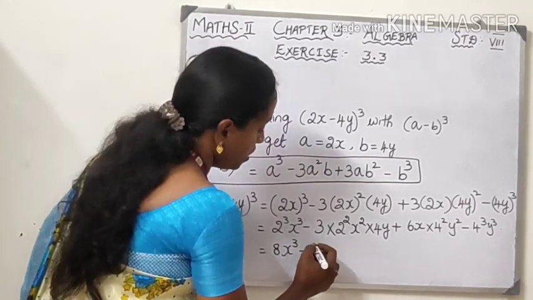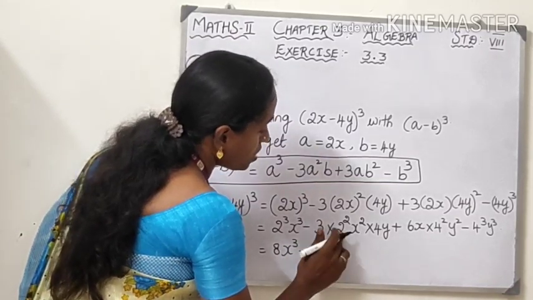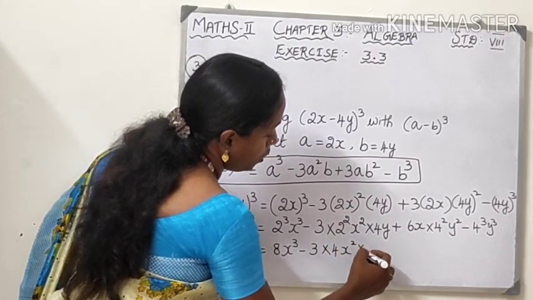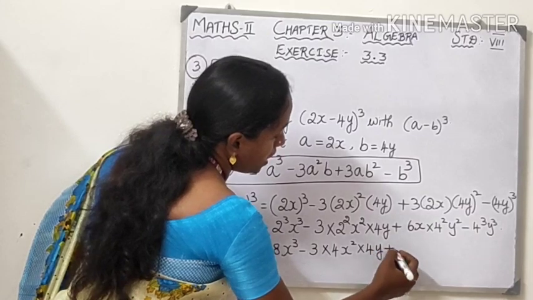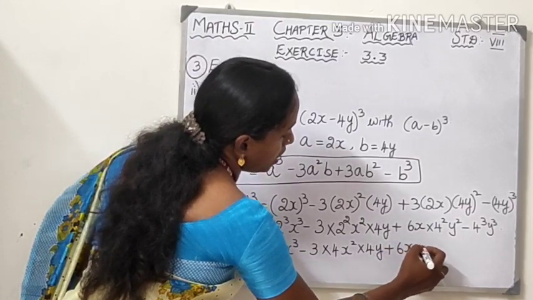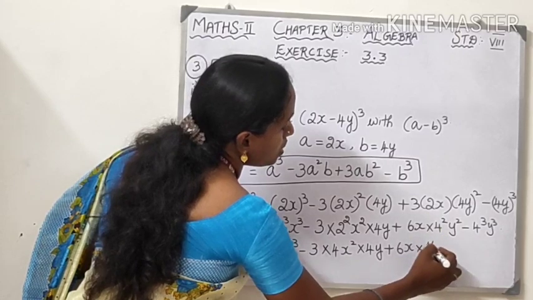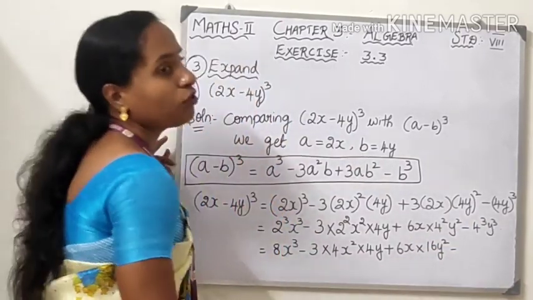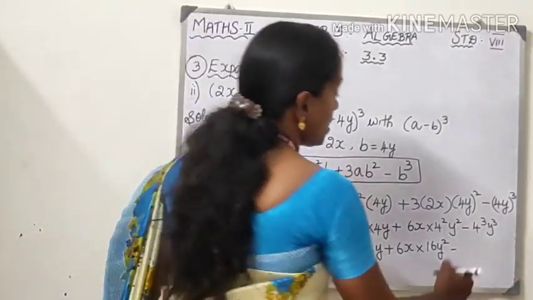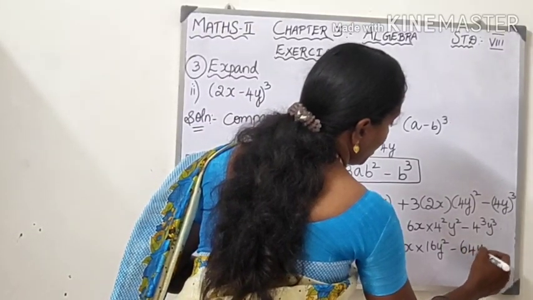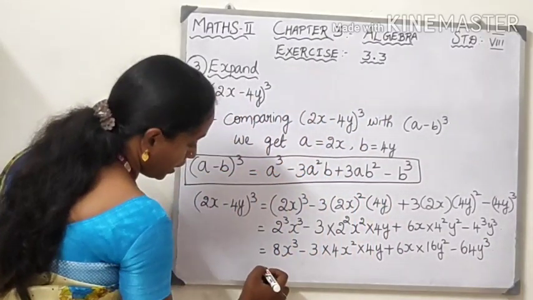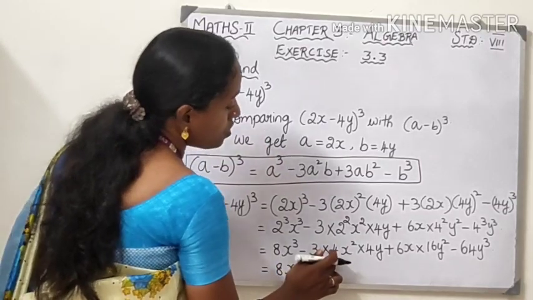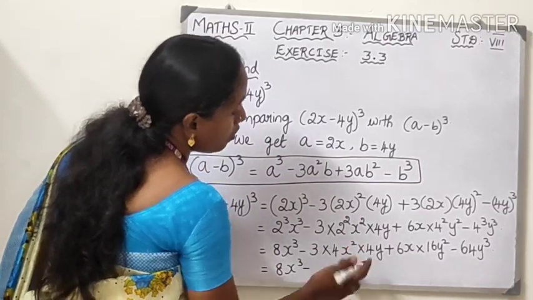minus 3 into, what is the 2 square value? It is 4. 4x square into 4y plus 6x into 4 square value is 16. So 16y square minus 4 cube value is 4 into 4 into 4. It is 64y cube. Now write the final answer. 8x cube minus 3 4s are 12. 12 4s are 48.